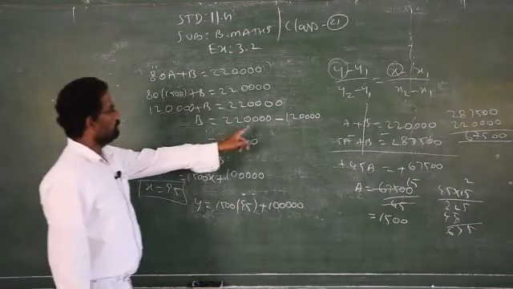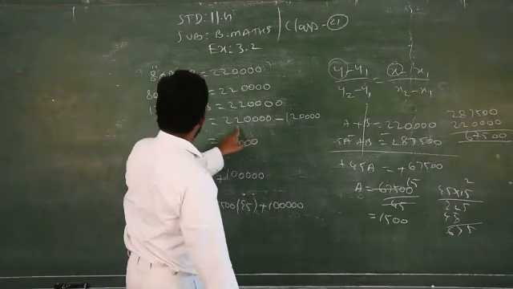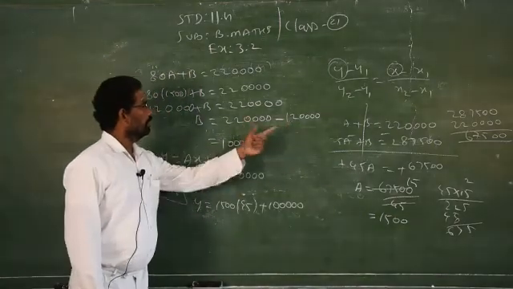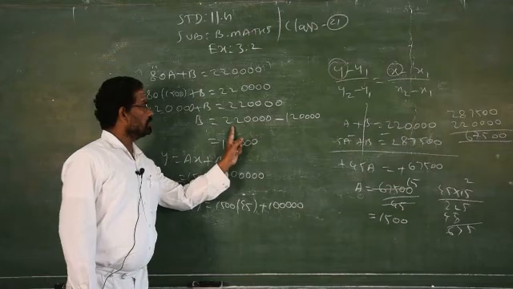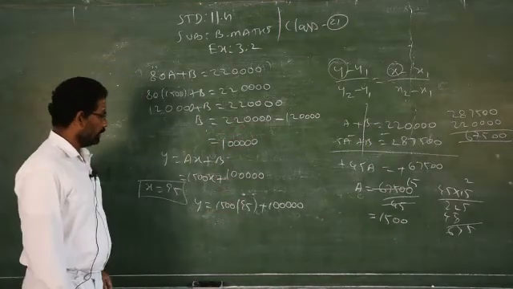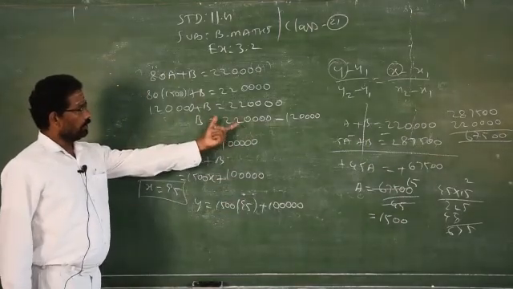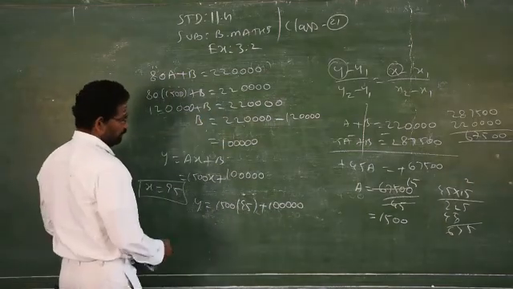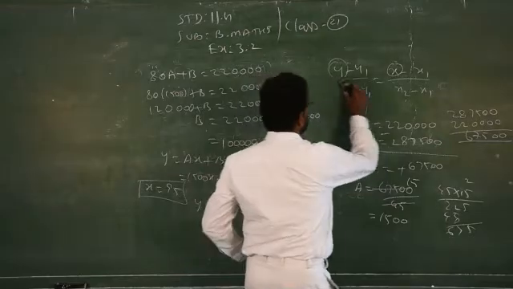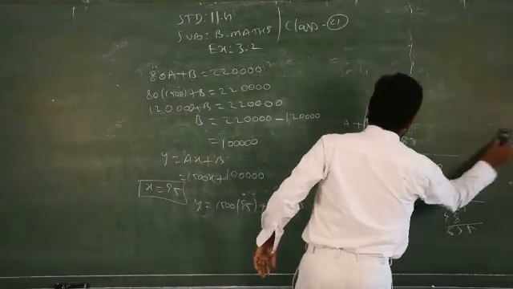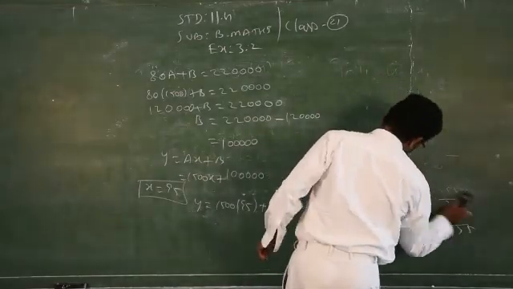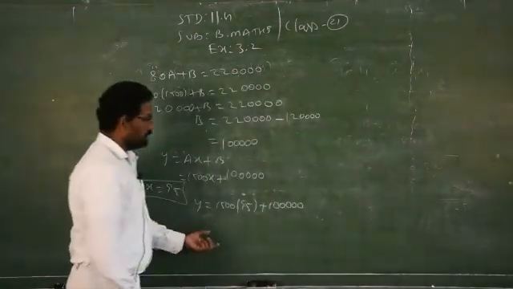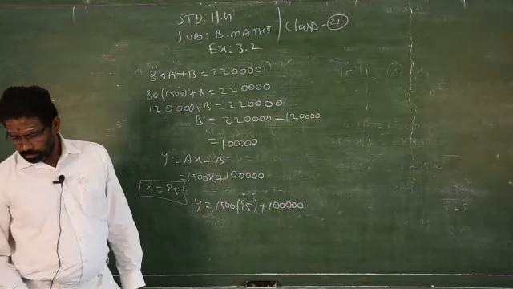You check whether my subtraction is correct or wrong. 1 lakh 20,000, here 2 lakhs 20,000, so you will get only 1 lakh. So check, don't simply copy. Somewhere I make mistakes deliberately. You have to check the calculations. Don't simply copy what is written on the blackboard. Just multiply and simplify, that is the required answer.